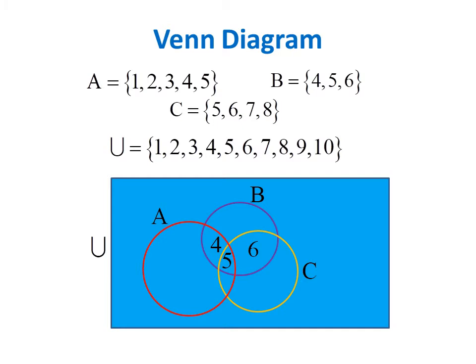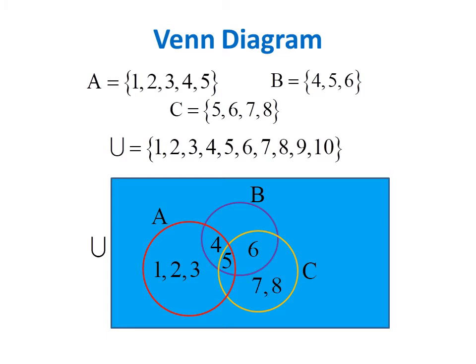After we consider the intersections, we can now write the elements of the set A that are outside the intersection. So these areas represent the intersection of A with the other sets. Set A has the elements 1, 2, 3, 4, 5. But you already have 4, 5 in the intersection. So in this portion of set A, we have 1, 2, 3.